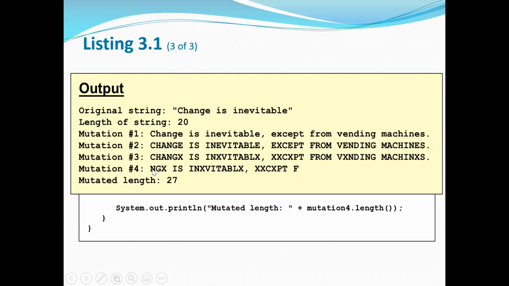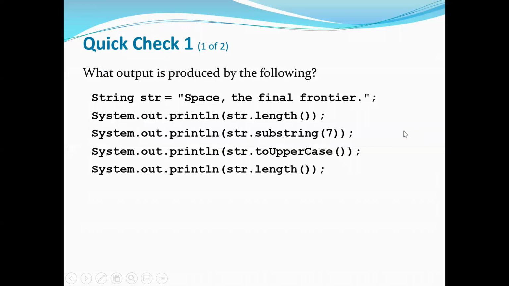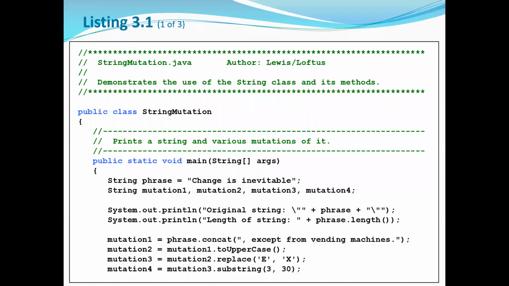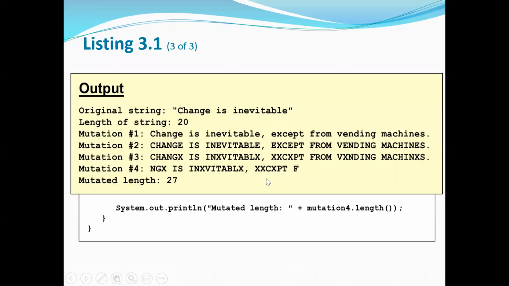Then next, we can see also that we find a substring. As we said earlier, for the substring we start with 3. So this means we are going to start with N: 0, 1, 2, 3, N, to 30. So that's where N starts from.